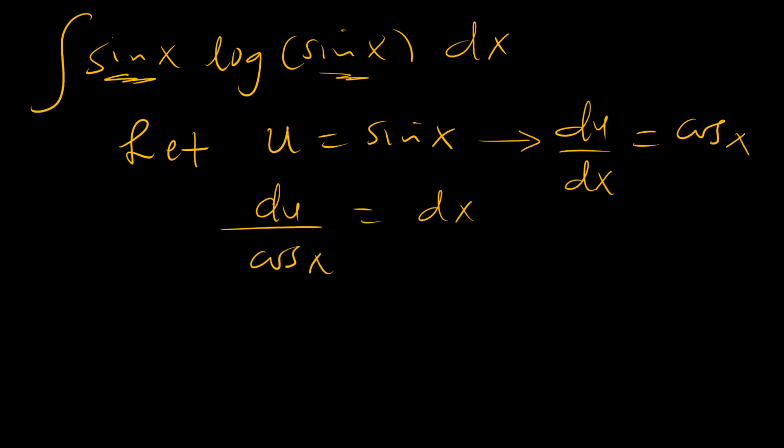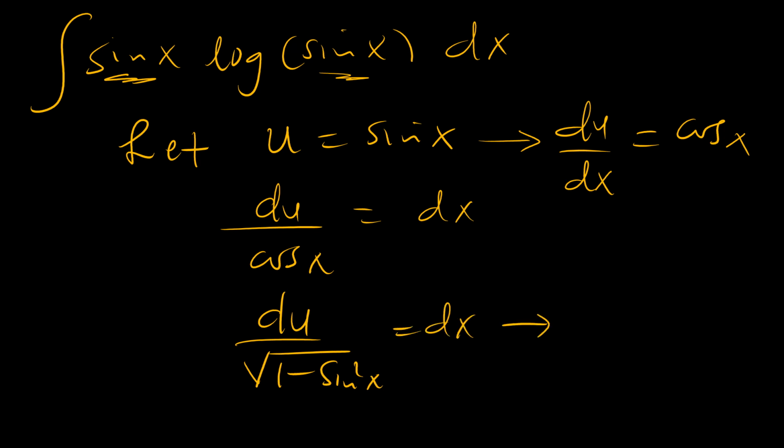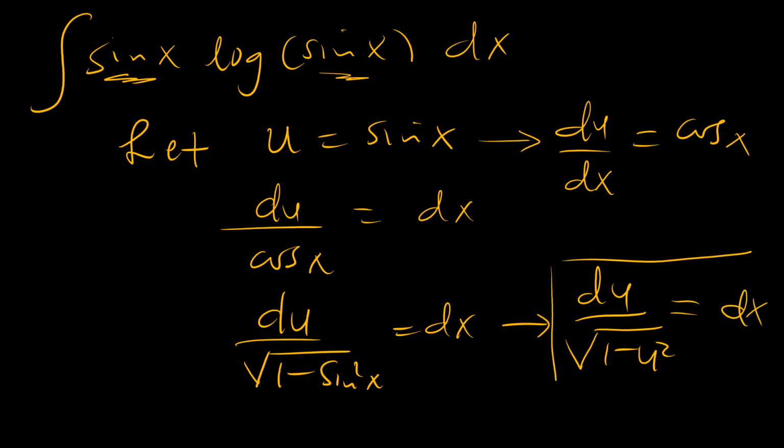And cosine x is the same as the square root of 1 minus sine squared x, so this can be rewritten as du over the square root of 1 minus u squared is equal to dx. This is an important substitution that we should have in mind.